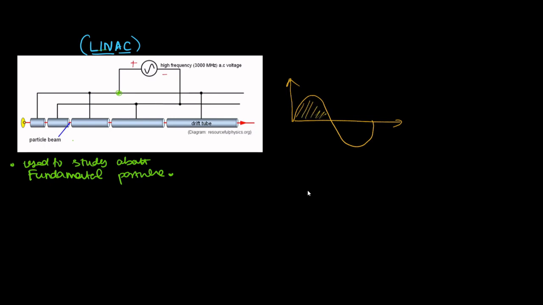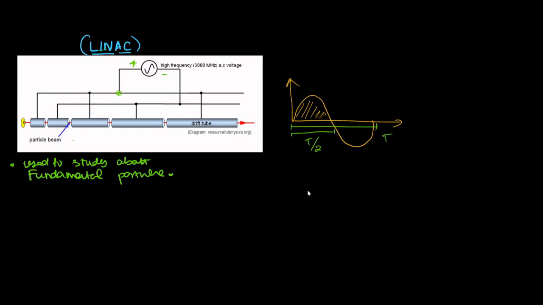Let's consider the total time period of this wave to be T. During a half cycle, for T by 2 time, let's say this terminal is positive and this terminal is negative.